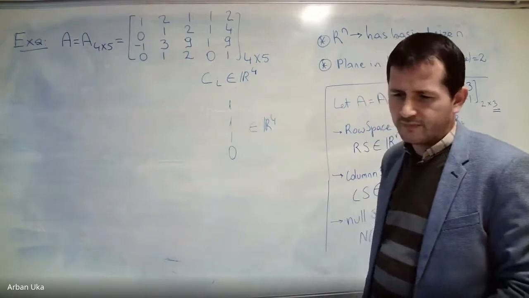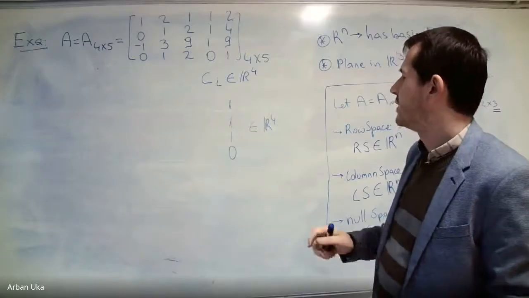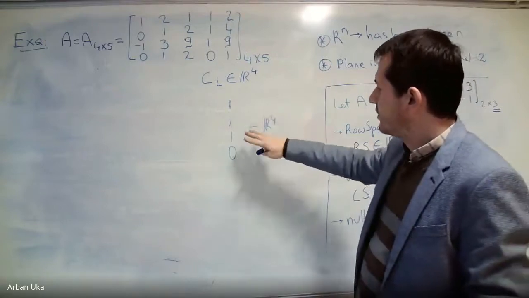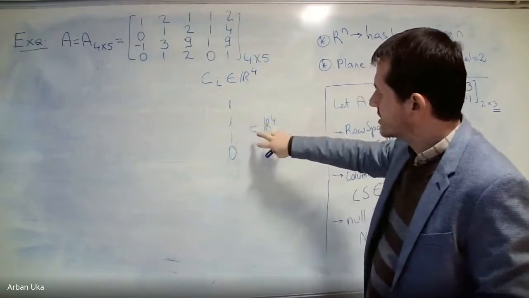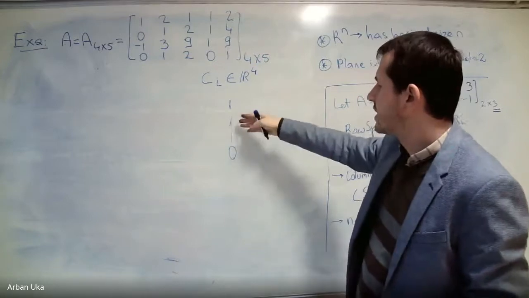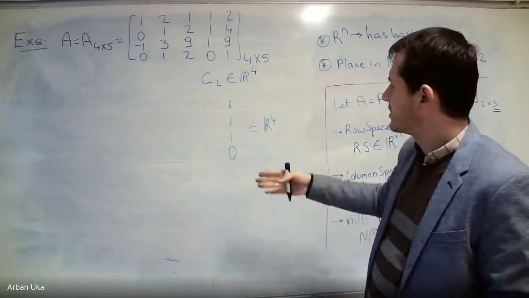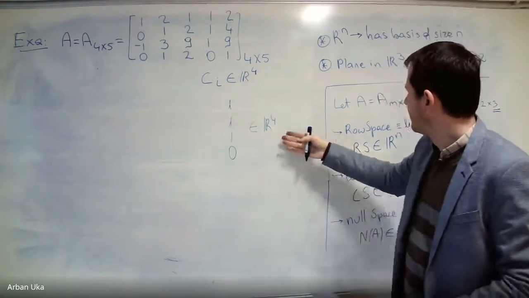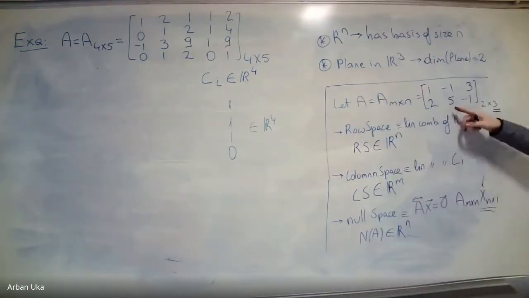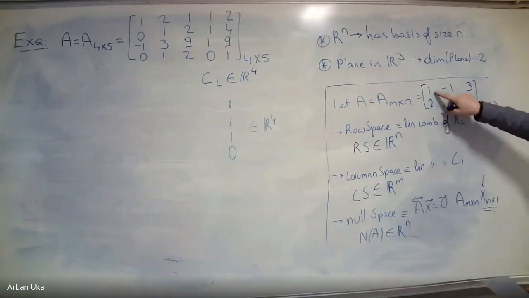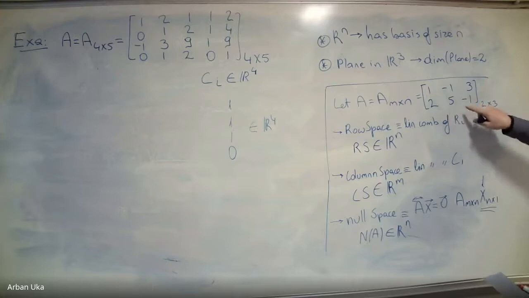About the column space and the row space, this is how you do it. For the moment, you are just asking what is the dimension of this one, and I see that the column is composed of 4 numbers, so it is a subset of R4. If we look here, the columns have 2 entries, so it is a subset of R squared.